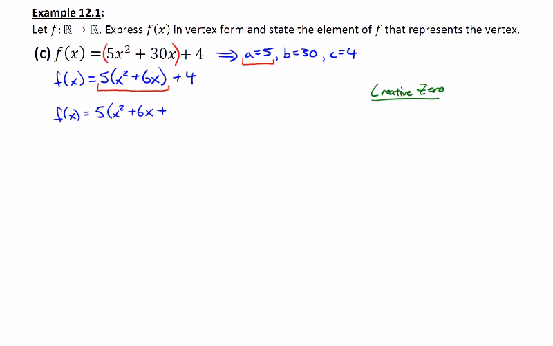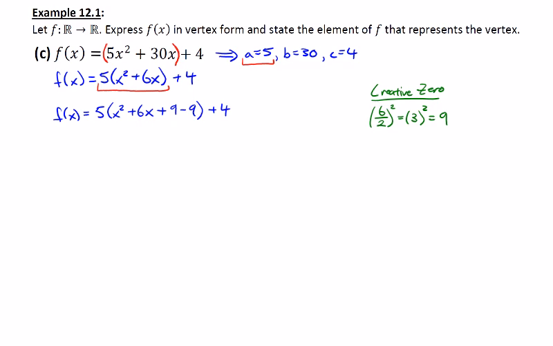So for my creative zero, I'm going to take 6, divide it by 2, and then square it to give me 3 squared for a grand total of positive 9. So we are going to add 9 and subtract 9, close the parenthesis, and then I'm going to add 4 there at the end.